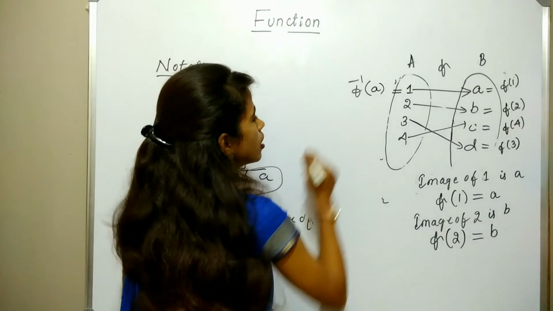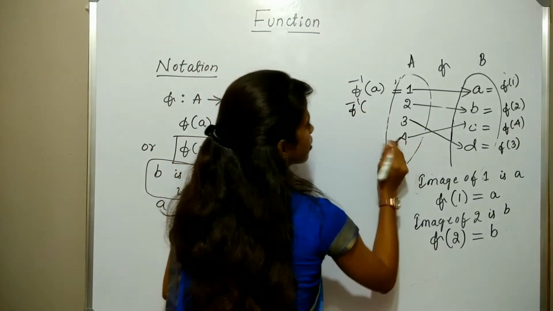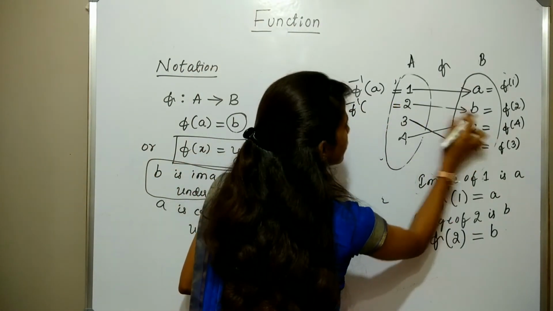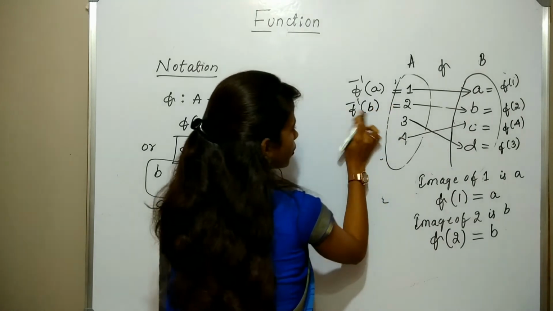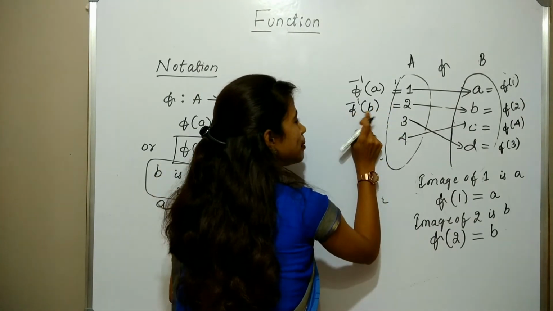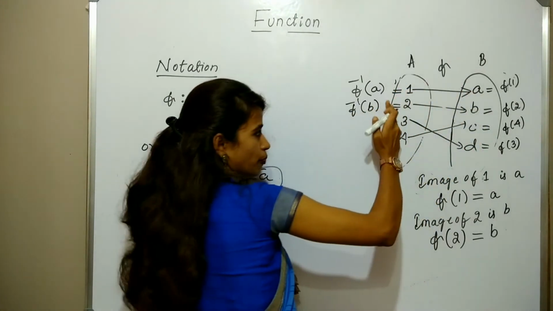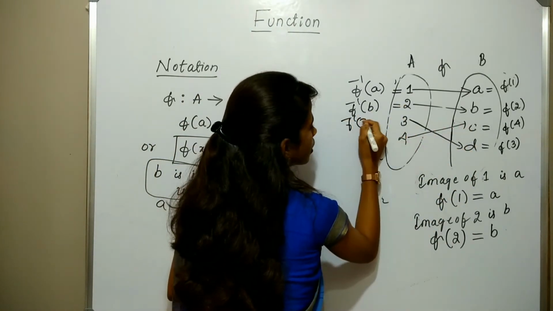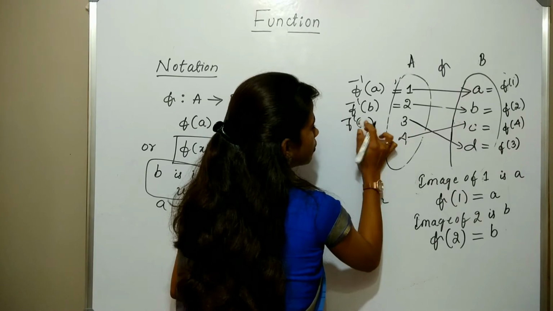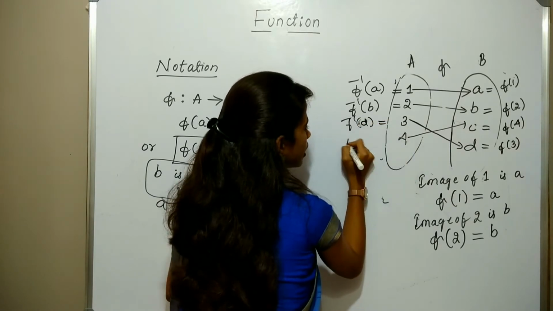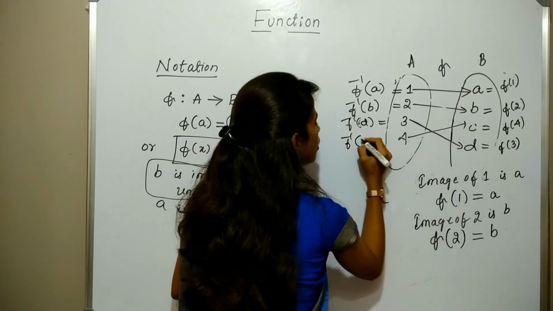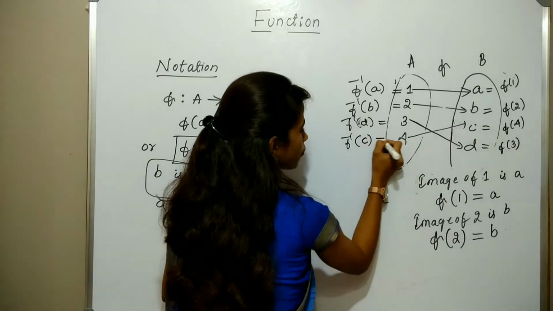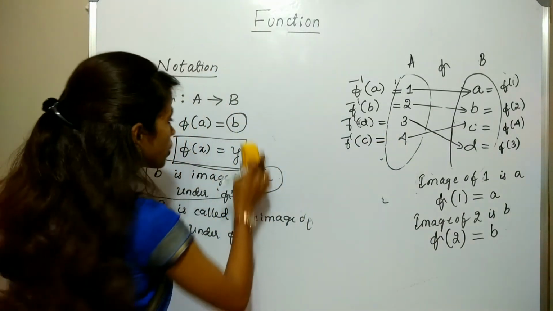Is it okay? Next, f inverse of B is 2, that is, preimage of B is 2. Next, f inverse of D is equal to 3. Next, for 4, the image is C, so preimage is f inverse of C. Is it clear?